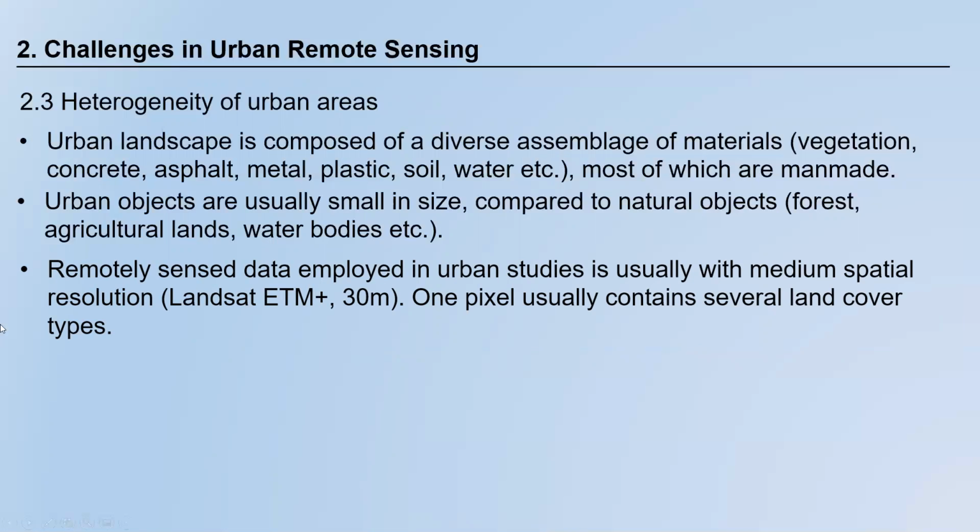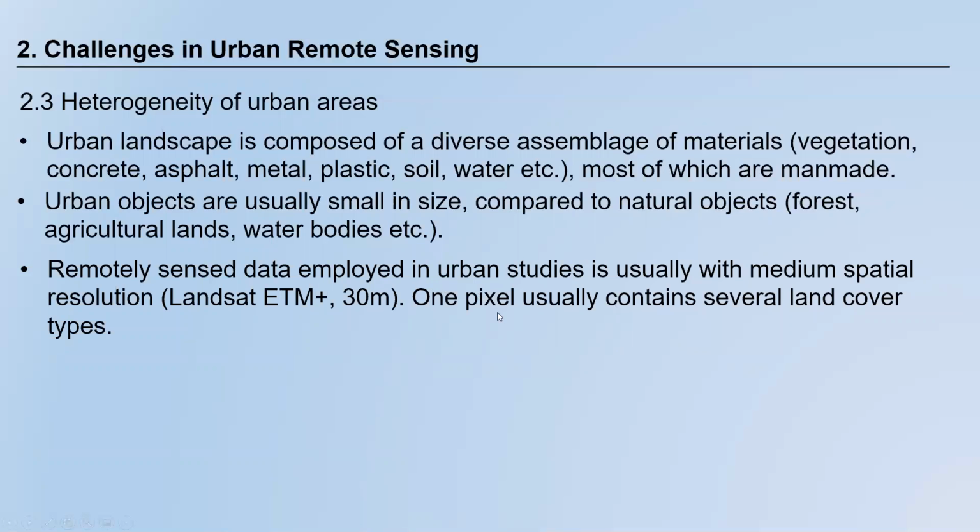Okay, so remotely sensed data employed in urban studies is usually with medium spatial resolution, right? There is no very strict definition for medium spatial resolution, but usually we consider 30 meter as a very typical example for so-called medium spatial resolution, okay?